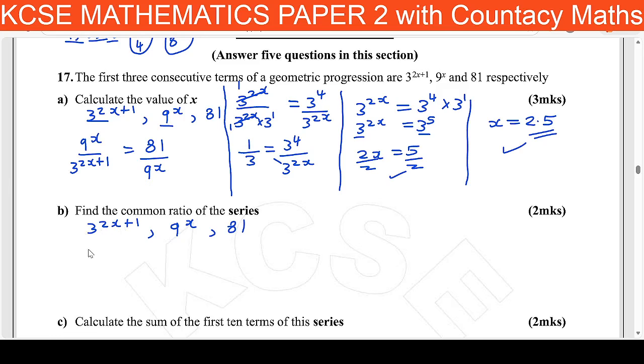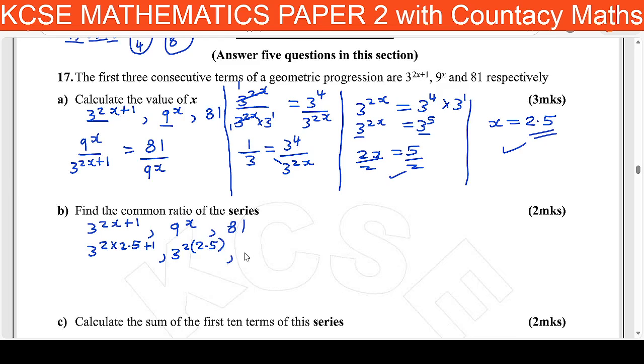So here what we are going to get is 3 to the power 2 multiplied by 2.5 plus 1. And here, 9 is equivalent to 3 to the power 2, and then it is multiplied by x, and x is 2.5.